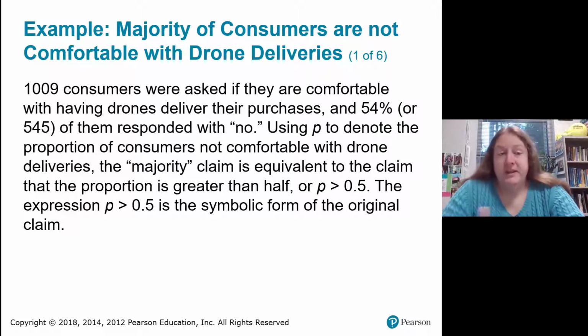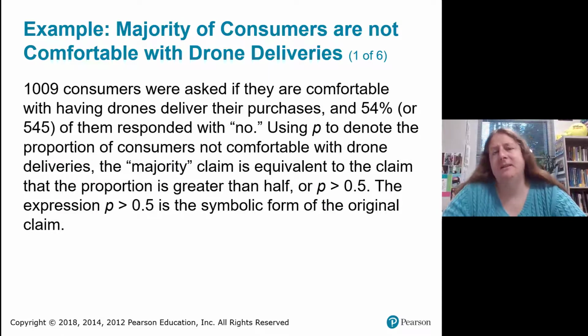We ask 1,009 consumers if they're comfortable with having drones deliver their purchases, and 54%, or 545 of them, respond with no. Using P to denote the proportion of consumers not comfortable with drone deliveries, the majority claim is equivalent to the claim that the proportion is greater than half, or P > 0.5. The expression P > 0.5 is a symbolic form of the original claim.